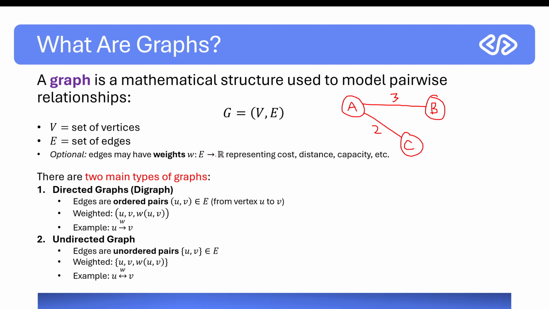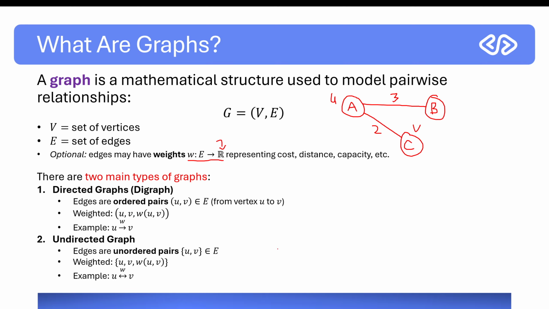So that's optional. What I'm writing here is that a weight takes an edge and maps it to a number. We just have an edge, which is u and v, that connection, and we say it's some number. So from here to here, that maps it to some real number.